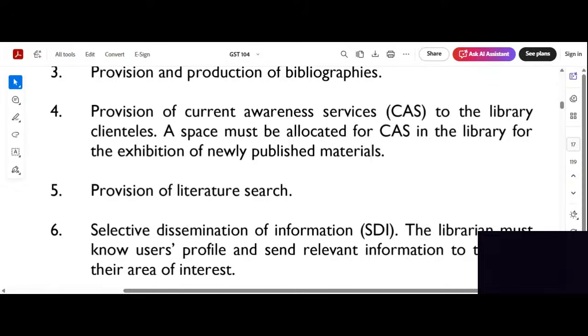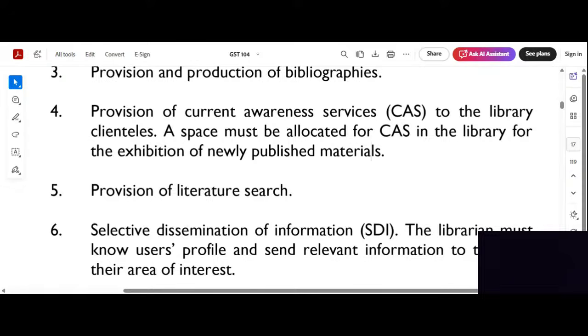So from the name, what is it called? CAS, which is current awareness service. Now let's assume you are writing a book on genetics, human genetics or animal genetics.